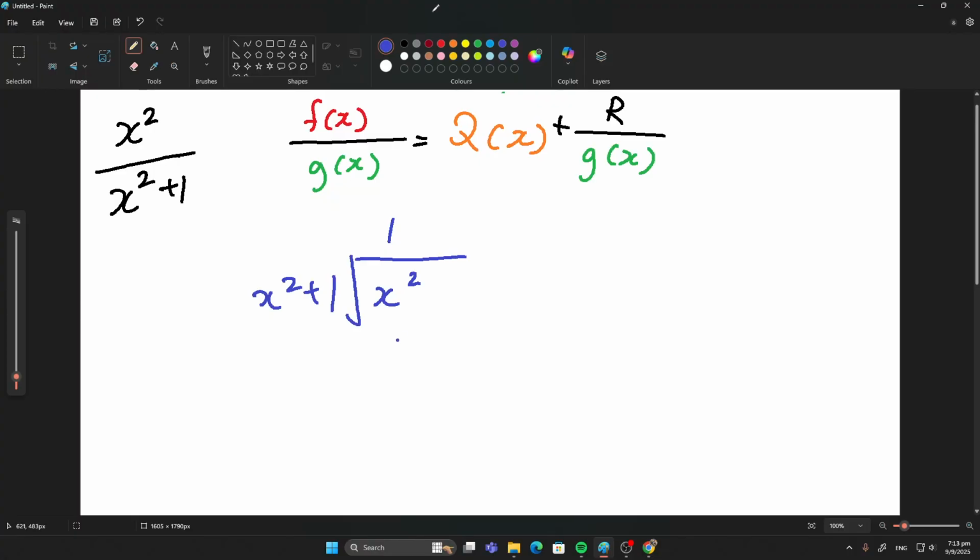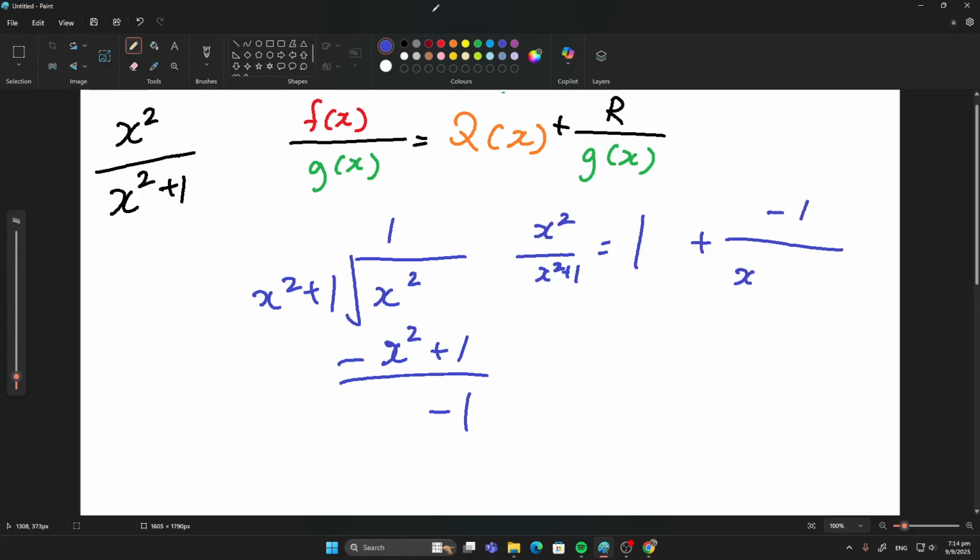Alright? So 1 times x squared, 1 times 1, minus, it becomes minus 1. So I'm just going to write it out, x squared over x squared plus 1 equals 1 plus my remainder, minus 1 over x squared plus 1. Okay, because I cannot divide this anymore by x squared.